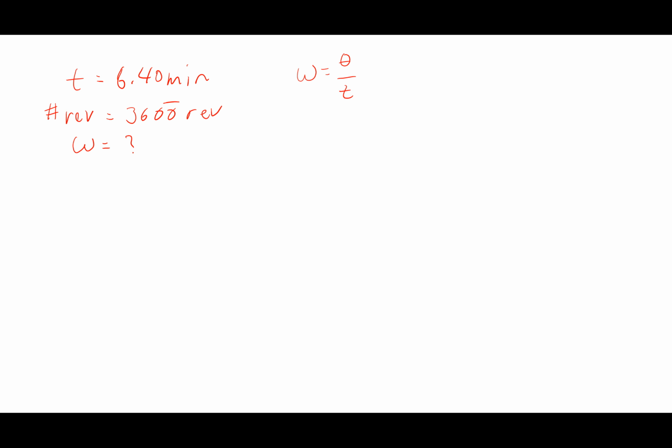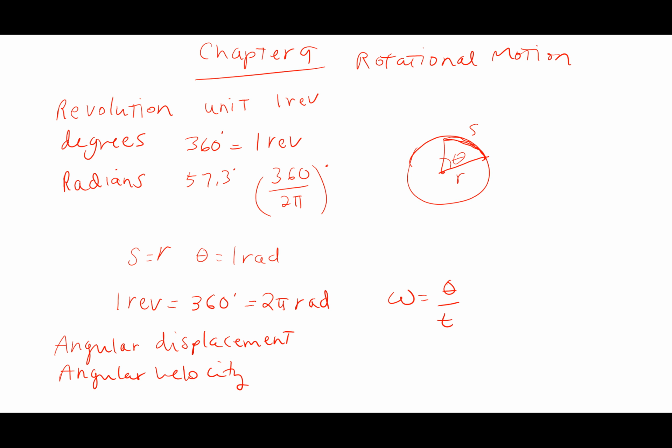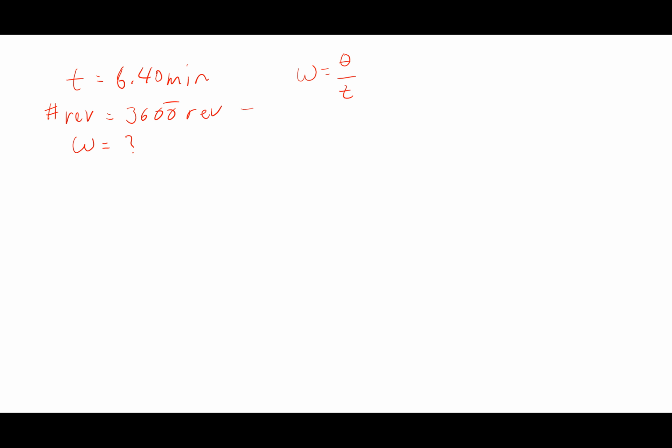One thing that I didn't show you over here, I'm sorry, is that theta can also be angle in radians, or it can be angle in revolutions. On this formula, we have it in revolutions.